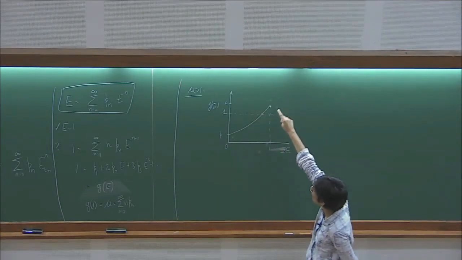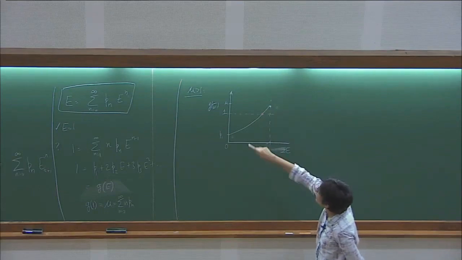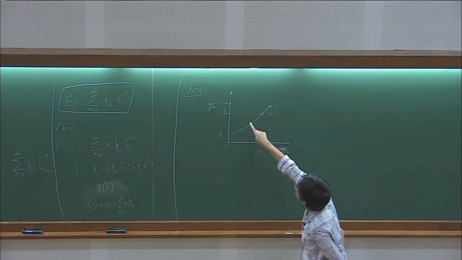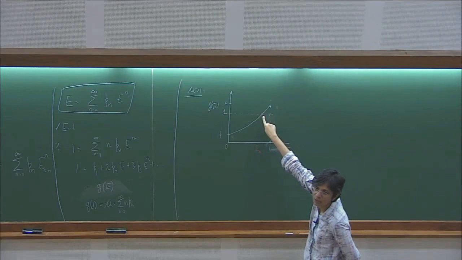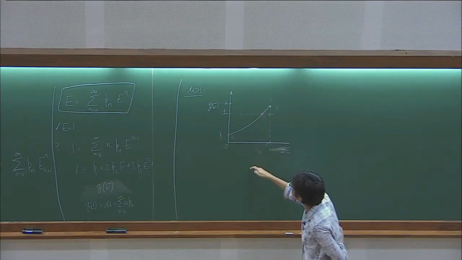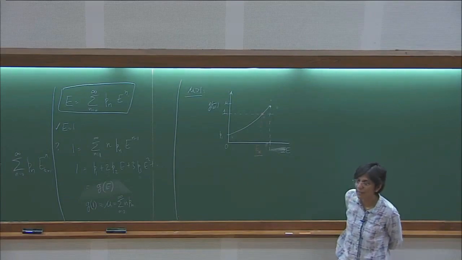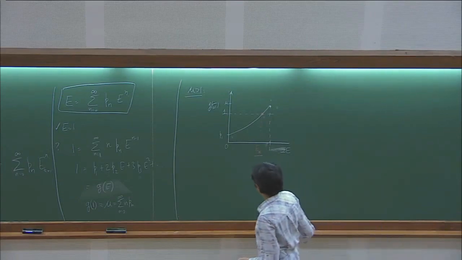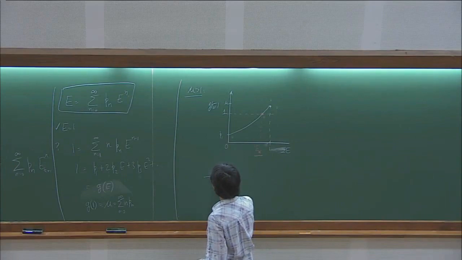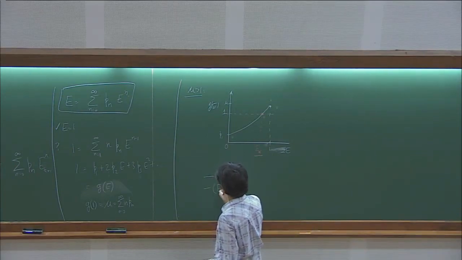So the non-trivial solution that I have found is this E star. So I'm saying when mu is larger than 1, I have two solutions, E equal to 1 and E star, when mu is larger than 1. What happens when mu is less than 1? Could you plot this?